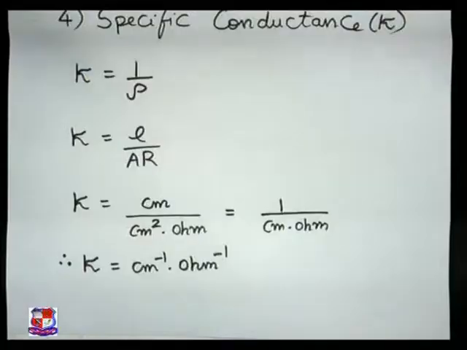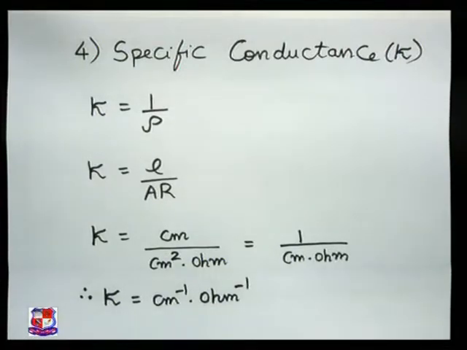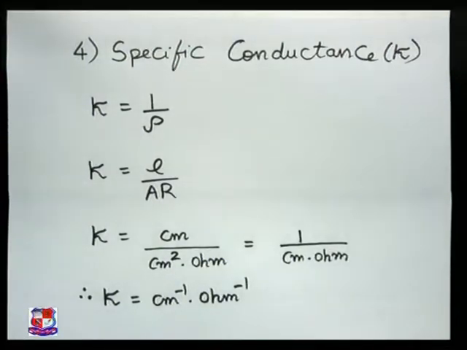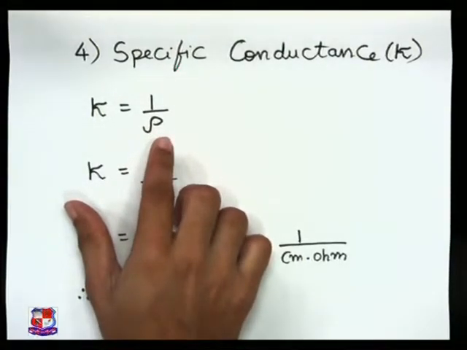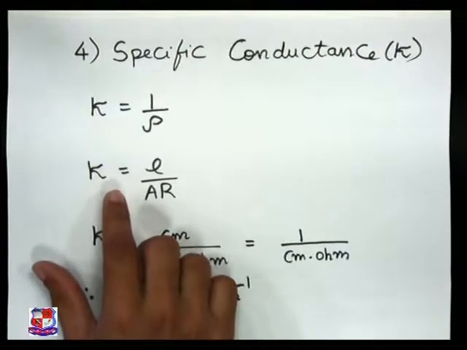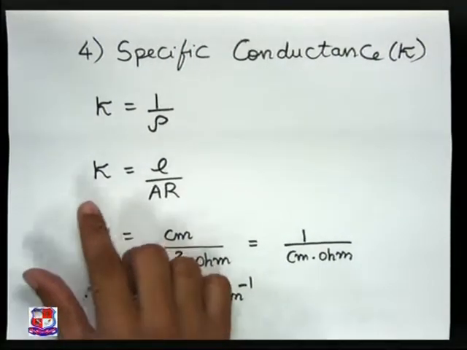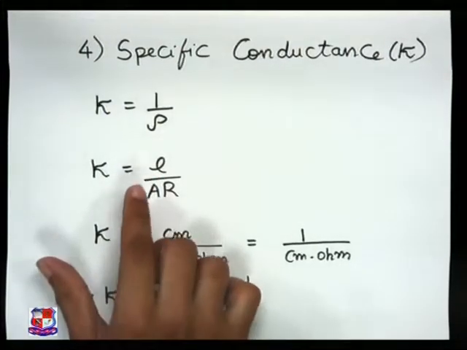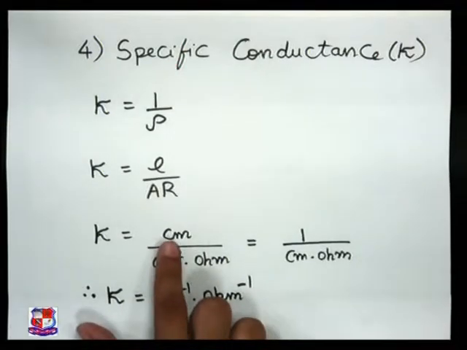Coming now to specific conductance, a very important concept, that is kappa, which is the inverse of the specific resistance. You know that rho was your specific resistance, so if I take the reciprocal of that, I am going to get the conductance. You know the rho value is A R upon L, so now it is inverse, it will become L upon A R. L is the length of the conductor, expressed in centimeter.